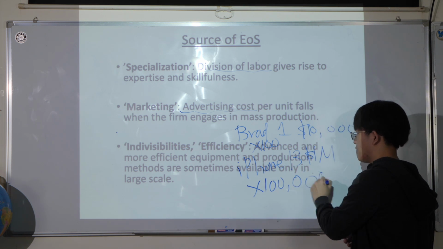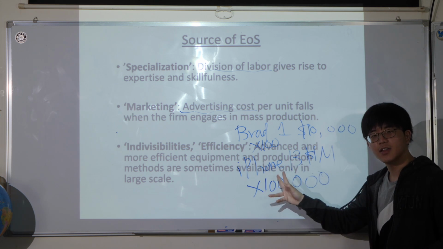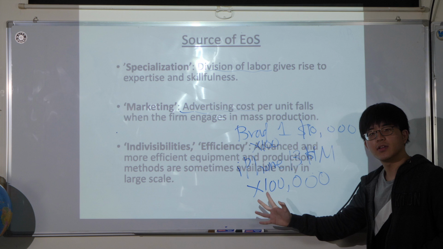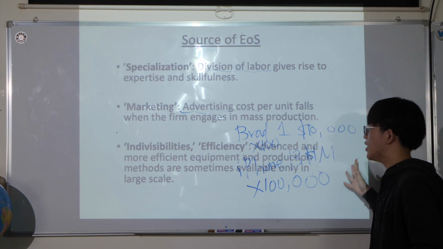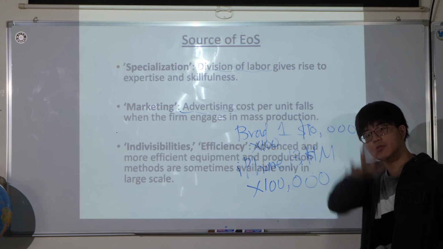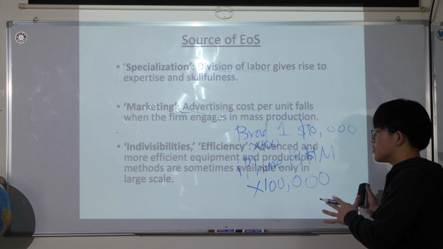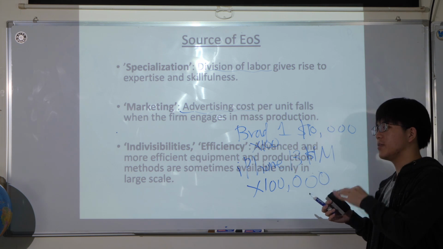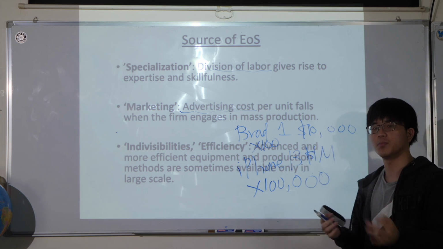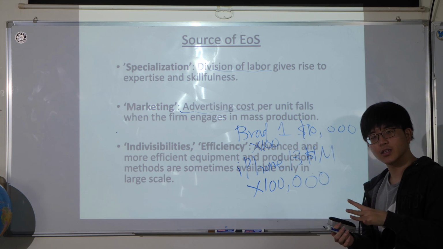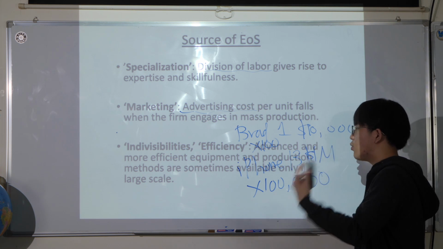Even if they spend a lot of money to advertise the iPhone 13, they can sell way more phones compared with Brad One. And that's the reason why the marketing cost per unit will start to decrease when they sell more phones. Usually, advertising companies do not charge more money if you need to produce more products. And that's why advertising costs usually decrease when you produce more and more of your product.